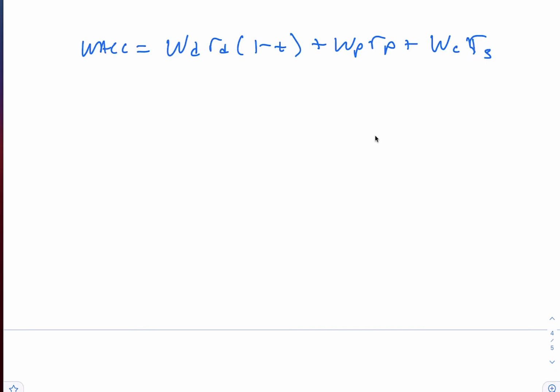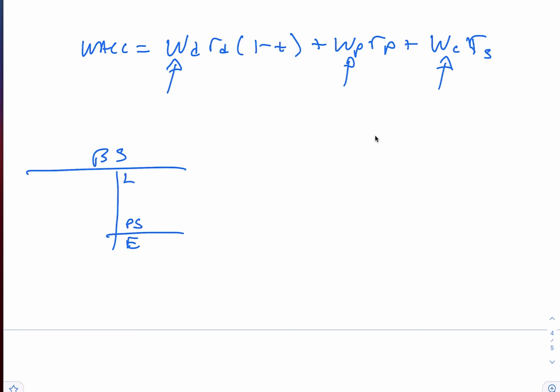First off, keep in mind that these weights are based on market values, and so they're not based on the book value of debt or preferred stock or common stock. Because the common stock that's on the books could be 30 years old, could be very small compared with the market value of the stock today. And so when you look at a balance sheet, liabilities and equity, you're going to have preferred stock.